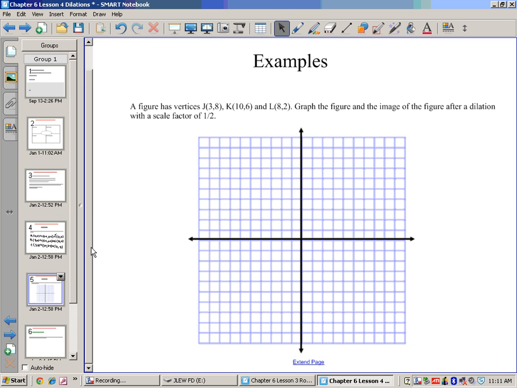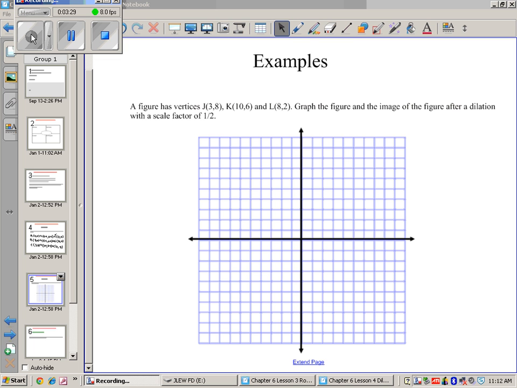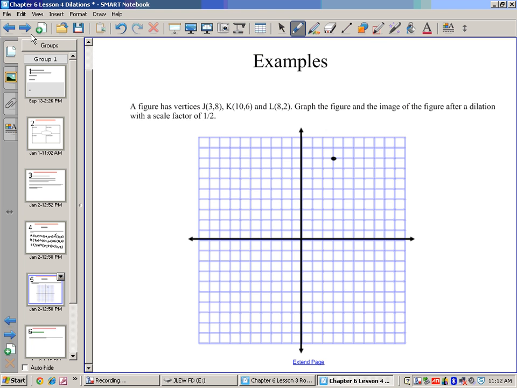Next example, we have a figure that has vertices (3, 8), (10, 6), (8, 2). Graph the figure and an image of the figure after dilation with a scale factor of 1/2. Okay, so let's graph our figure. (3, 8) is J. 1, 2, 3. There's J, which is (3, 8).